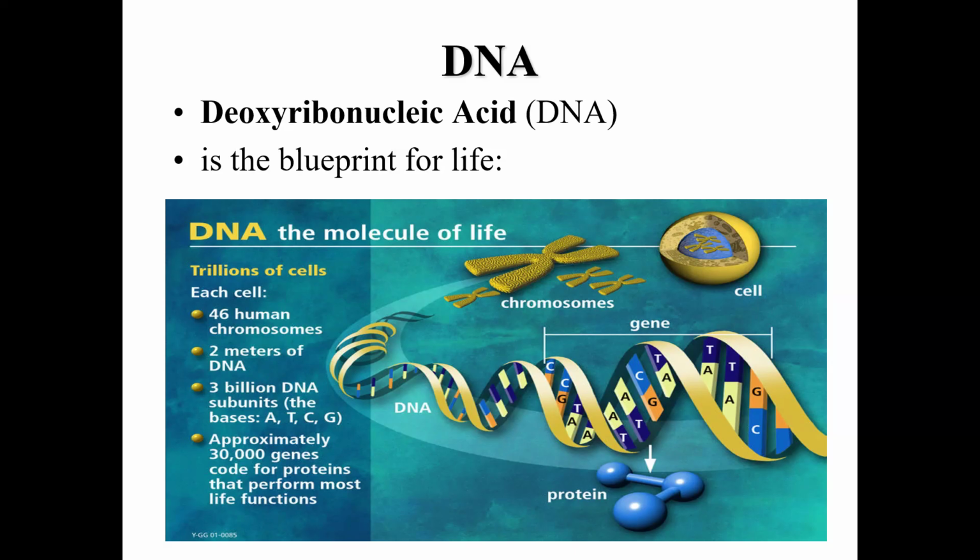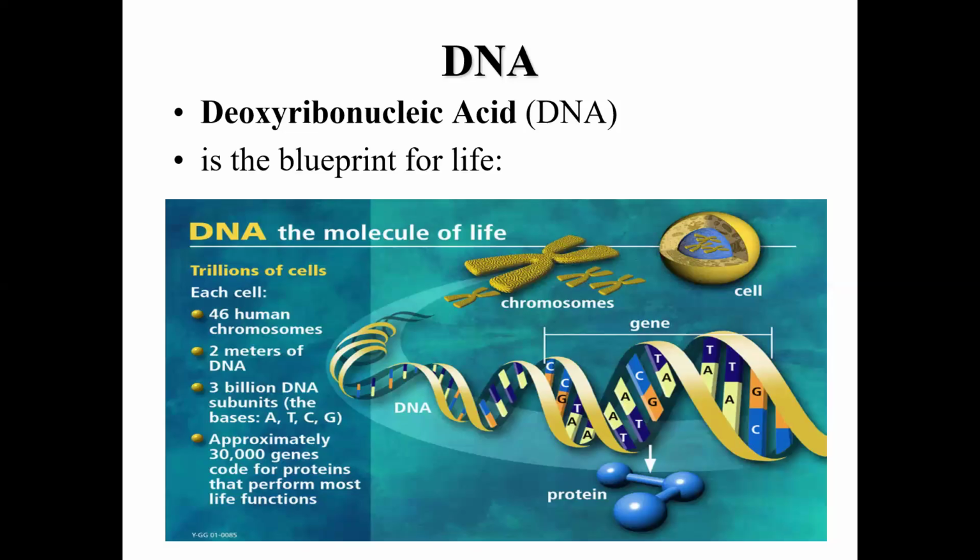Our body is made up of trillions of cells, and each of these cells contains 46 chromosomes in humans, so you can see humans have 23 pairs of chromosomes inside each cell. When you open this, the DNA contained in the cell is about 2 meters in length.